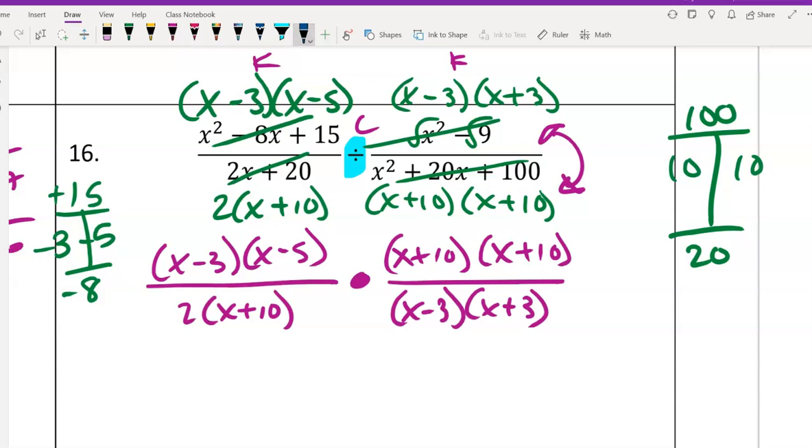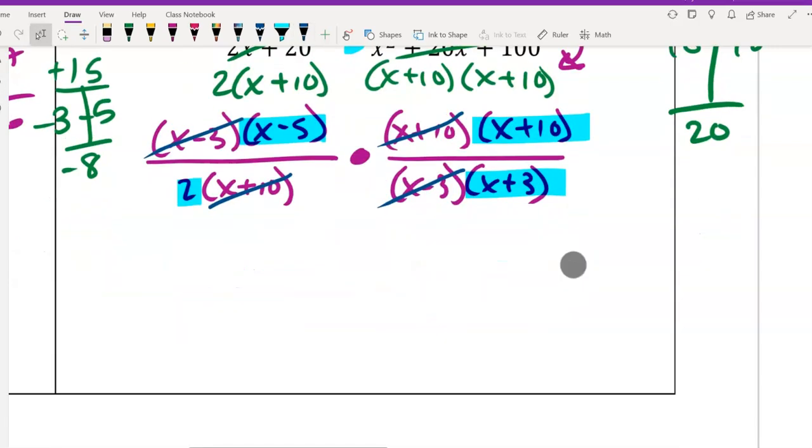All right, we are ready to cancel. X minus 3, x plus 10, and that's it. So we have x minus 5 times x plus 10 times 2 over 2 times x plus 3. Let's write our answer nicely.